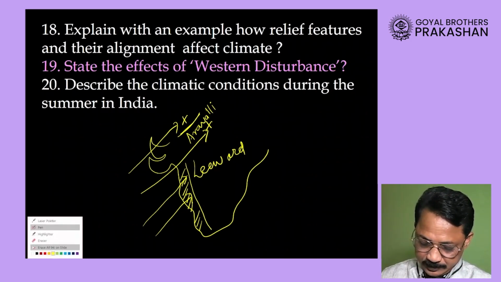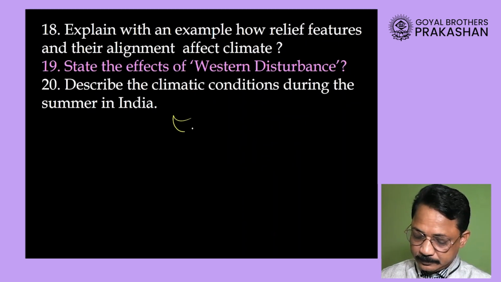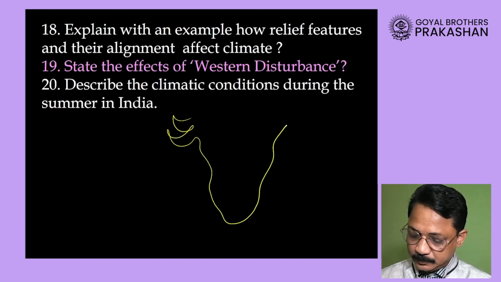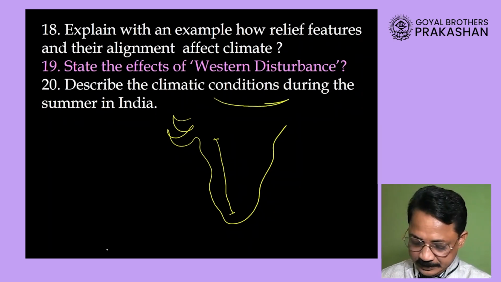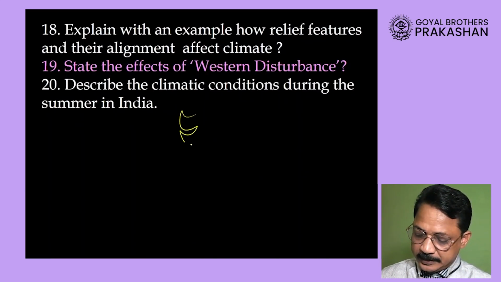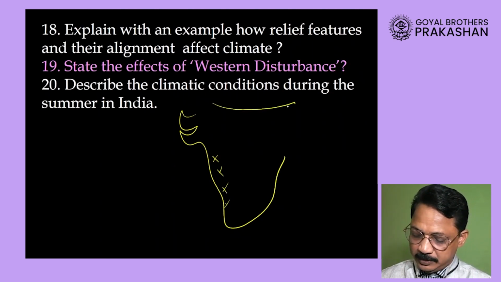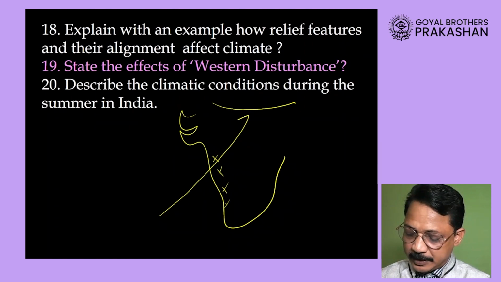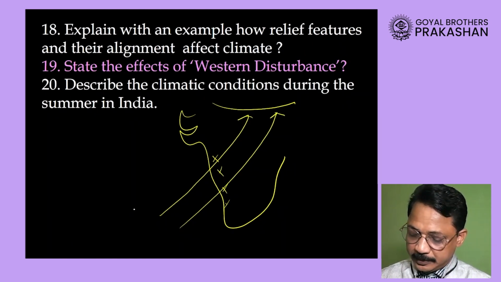Now suppose instead of this way, this western ghat, instead of this way, had it been present over here in east west direction, then coastal region would not have received much rainfall, because the winds would have got blocked at this point and not here.